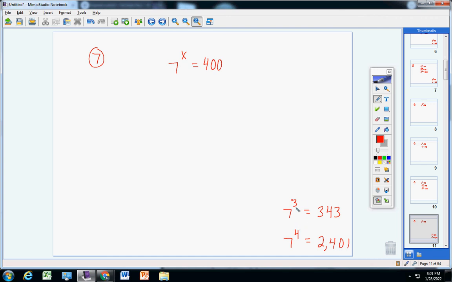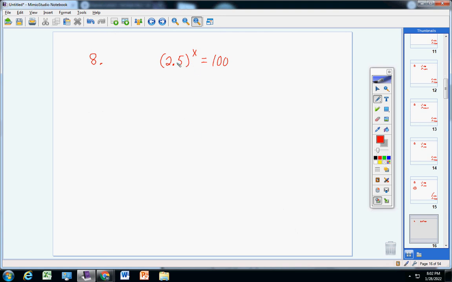So I tried 3.1, 3.2, etc., and I found out that 7 to the 3.3 power gives me this. That's too high, okay? 3.2 was too high. 3.1 was too high. So my answer had to be 3.0 or just 3. That's as close as we're going to get. Now, yes, we could get more exact with 3.001 or 3.02, but we're not going to. One decimal place is sufficient.